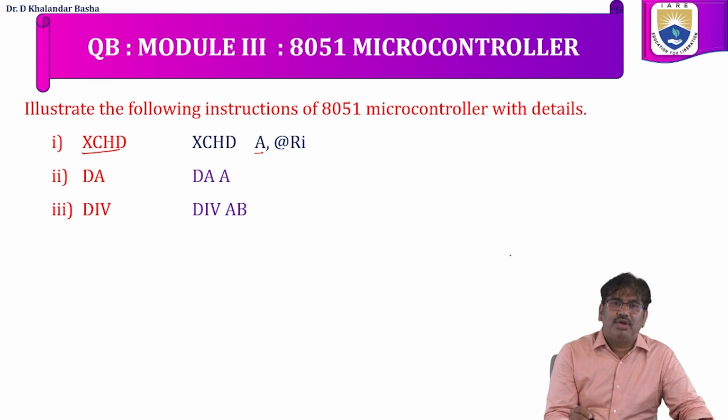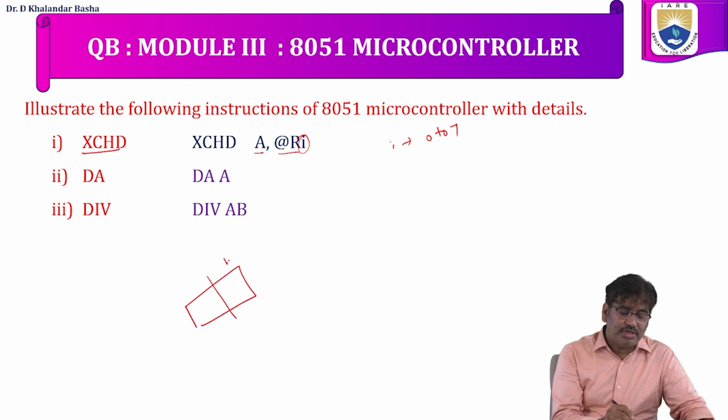Here, one of the arguments is the accumulator. The second is memory, where the memory address we can write in one register, Ri, where i takes values from 0 to 7. So if I have the instruction XCHD A, @Ri, the lower 4 bits, that is B0 to B3 of the accumulator, will be exchanged with the memory location whose address is in the Ri register.